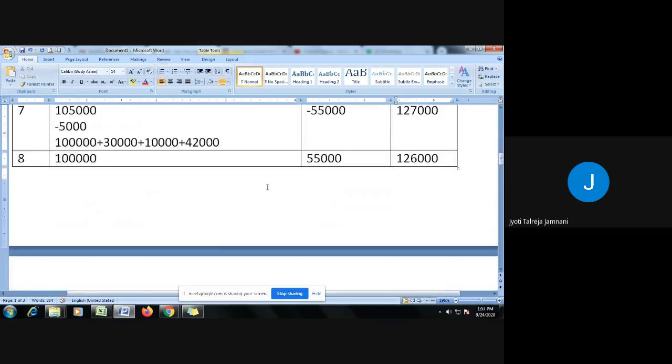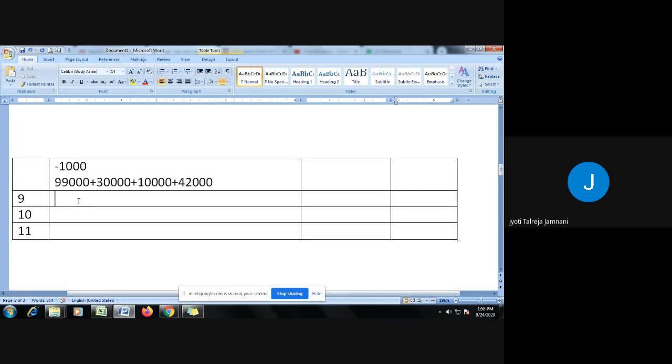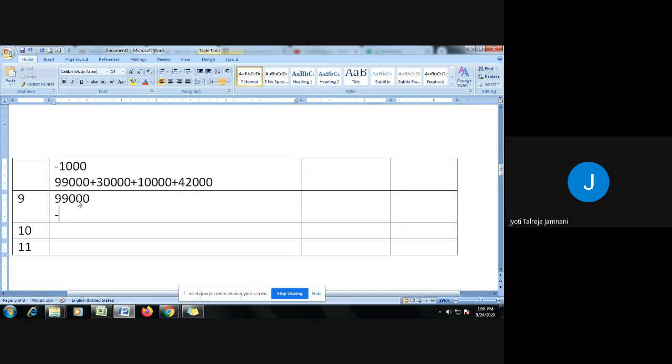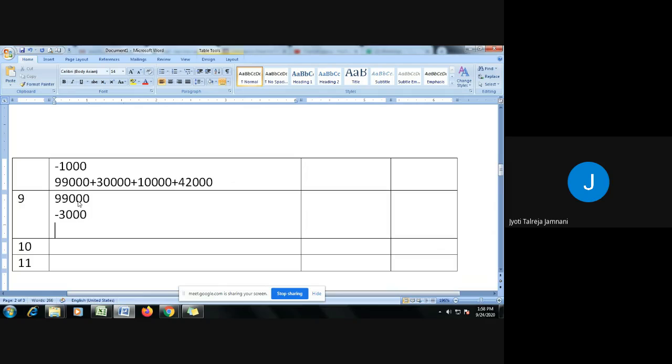Ninth transaction, paid salaries rupees 3,000. So the ninth transaction, you write salaries is paid. So from 99,000 cash, we minus 3,000 salaries. So now the cash is 96,000 plus our goods 30,000 plus 10,000 furniture and plus 42,000 as your debtors.